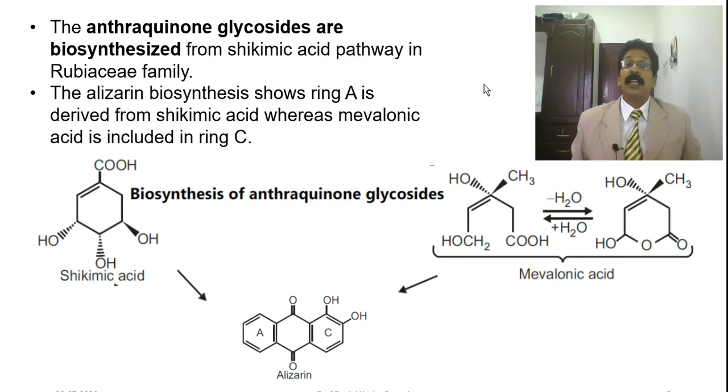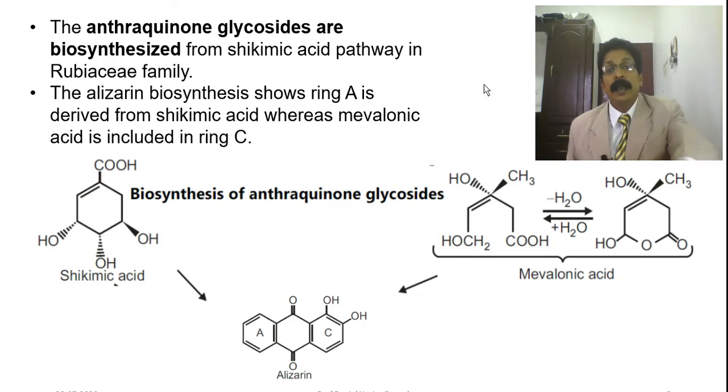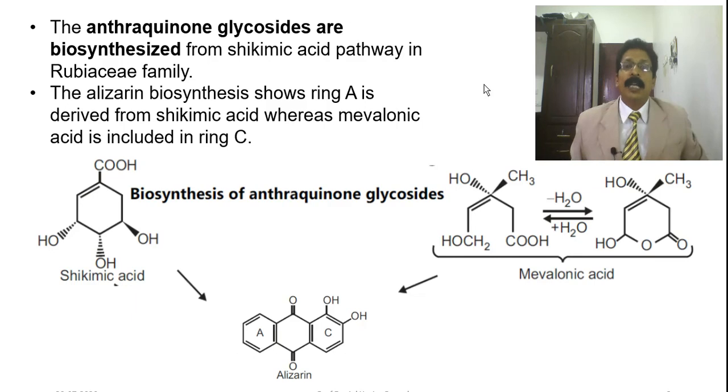Alizarin is biosynthesized and shows ring structures A and C. A is derived from shikimic acid and C is made from the mevalonic acid structure. So it is very clear that two pathways are involved in the production of this anthraquinone glycoside.